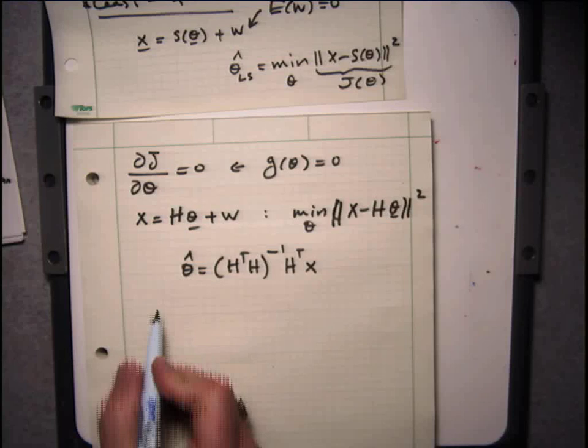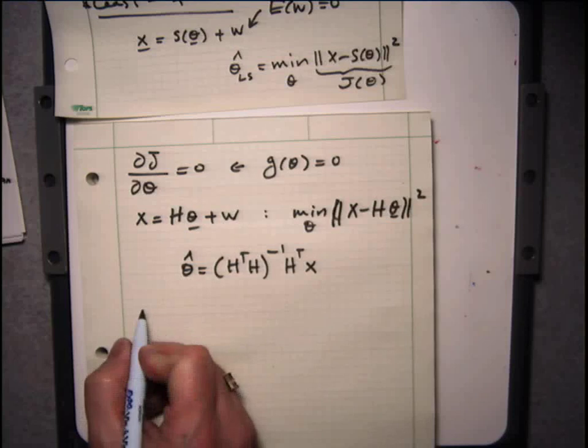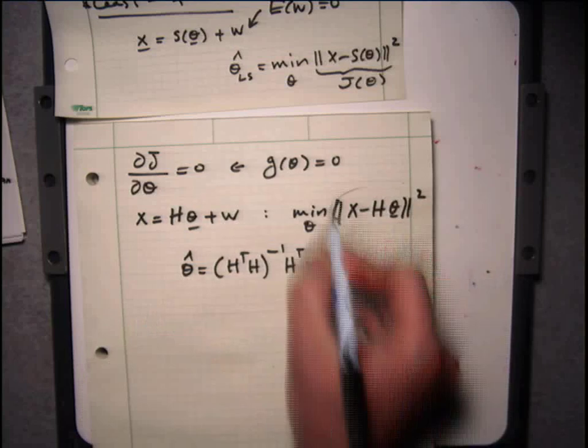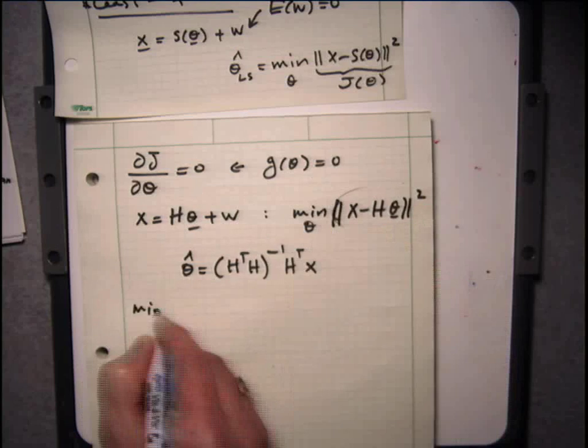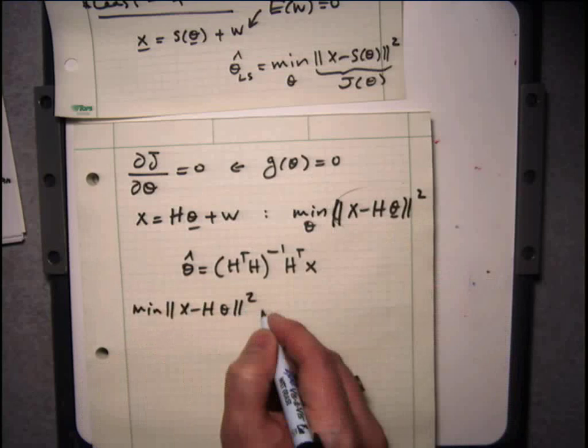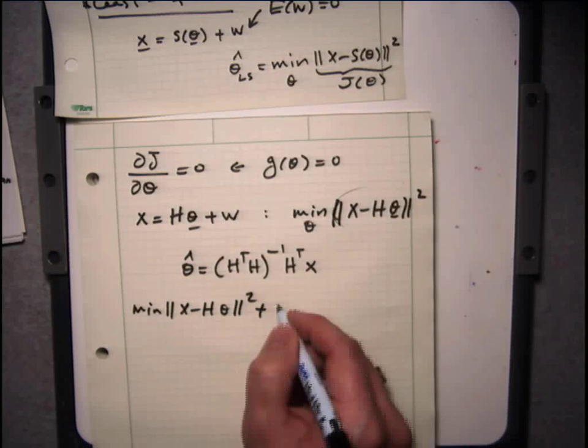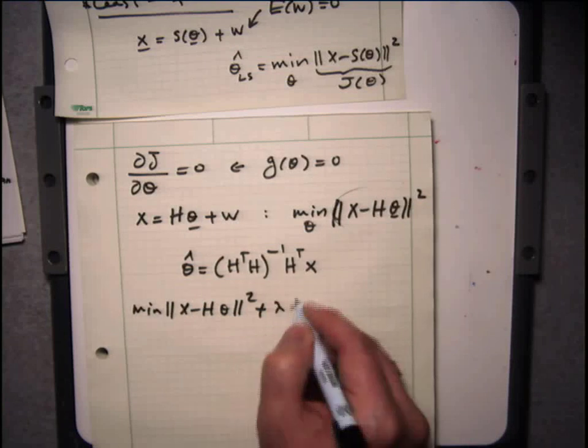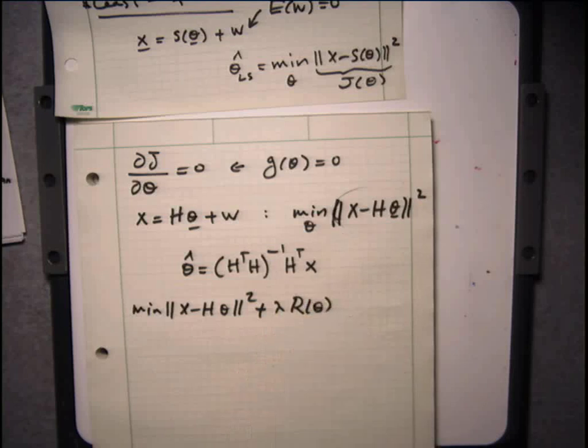And then finally, we talked about penalizing this instead of just minimizing the norm of x minus H theta squared. We talked about minimizing this plus some coefficient lambda times some function r of theta, which is a penalty on theta.